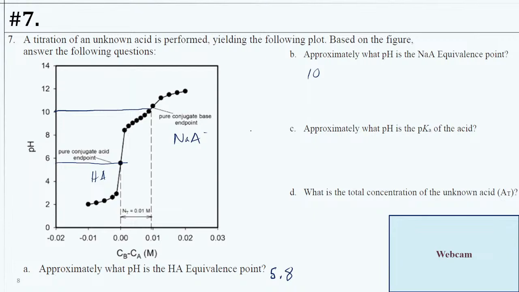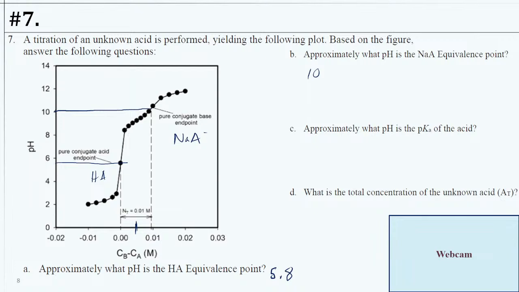Then the next part says approximately what was the pKa of this acid. For this one, you'd have to remember that the pKa occurs when we get exactly halfway between our two endpoints, but that's halfway on the scale of how much net strong base we've added. So that's halfway on the x-axis, not halfway pH-wise.